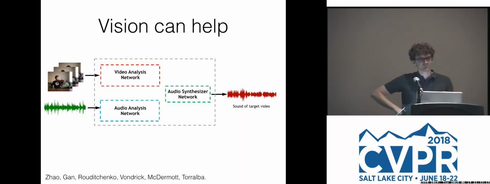So green is going to have multiple sounds from multiple videos, and the network is going to have to learn to separate out the original sound corresponding to the video. And this is easy to do because we know what video the sounds came from.